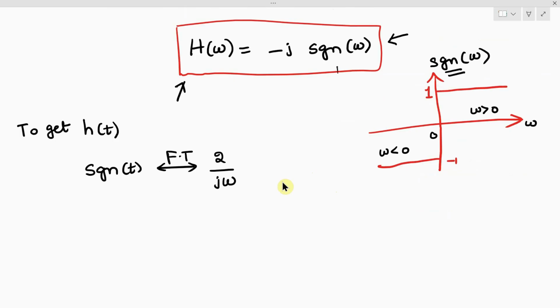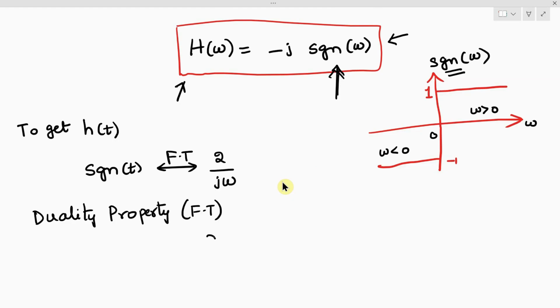Now here, is the signum function in the time domain or frequency domain? Frequency domain. It is not in the time domain. So I can't directly use this result of the Fourier transform. I need to use a property called the duality property in the Fourier transform.